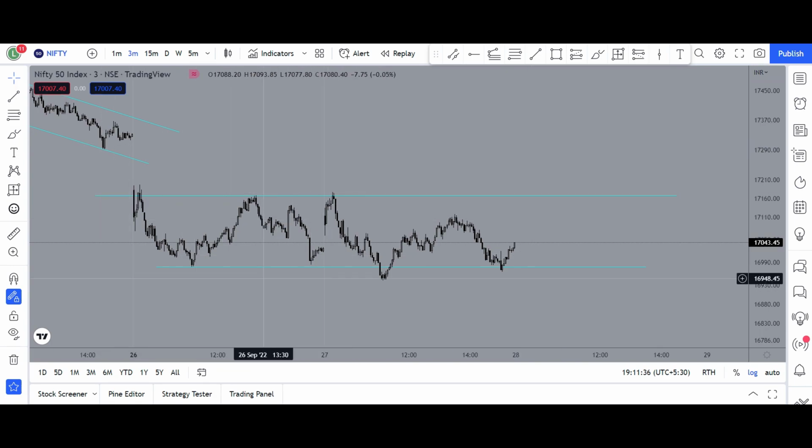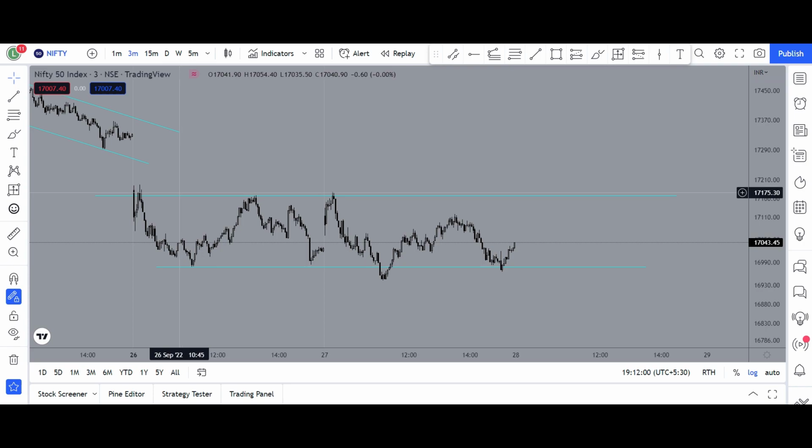So this is the overall structure which we are looking for tomorrow. As you can clearly see, the lower and upper boundaries are getting respected. It went down till here, went up, again tried to break the lower end of yesterday's session, but it was not broken. Today, most of the range breakouts often got failed. This is an obvious thing: range breakouts often fail.